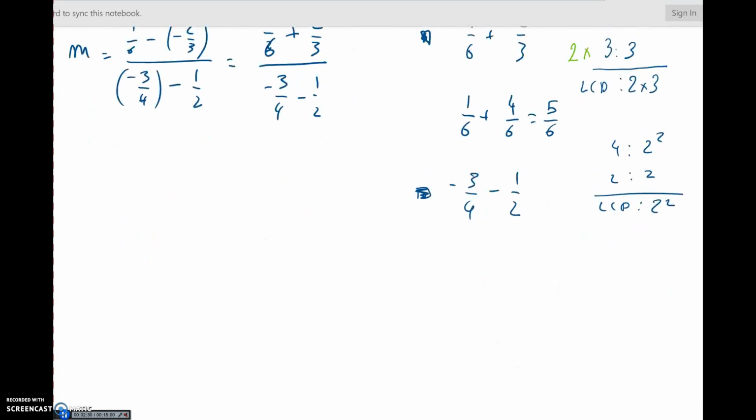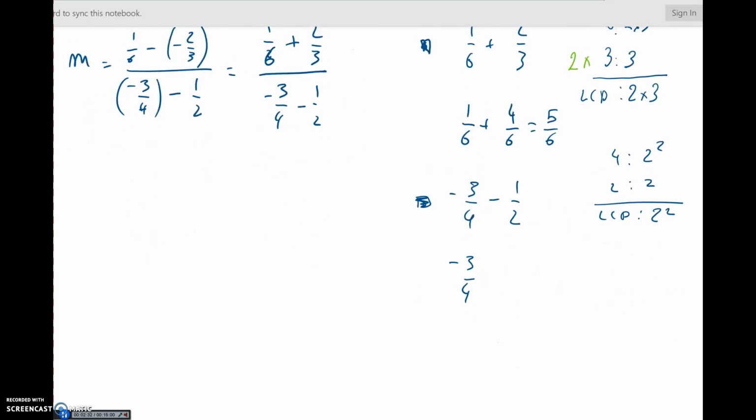Therefore, I end up with negative 3/4 minus 2/4, which is going to be negative 5/4. We good? So my slope right now is going to be 5/6 over negative 5/4. We good? Okay, so now that's done.